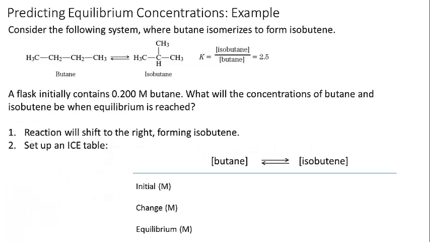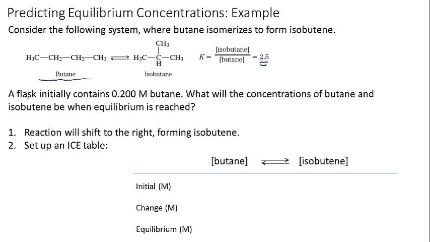So we have an equilibrium system here. We have two isomers of the molecule with 4 carbons and 10 hydrogens. This is butane, this is isobutane. And they're in equilibrium, and at a particular temperature, the equilibrium constant is 2.5.